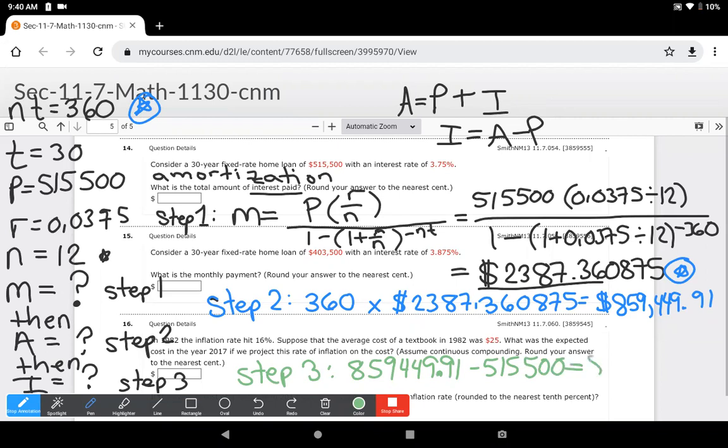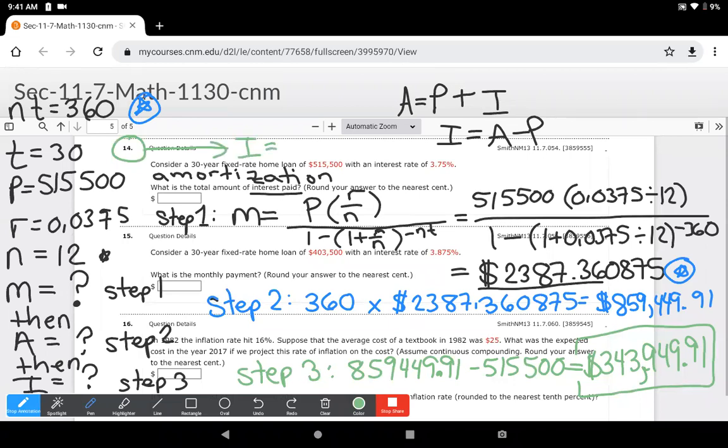And that gives me a difference of 343,949.91. That's finally the answer to 14. That the interest paid is 343,949.91 in money. Money, money, money.